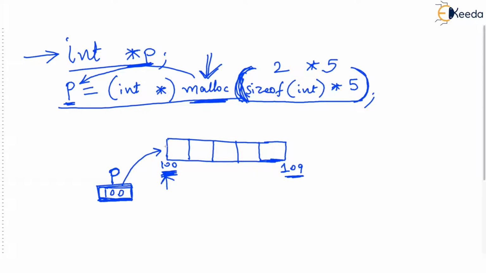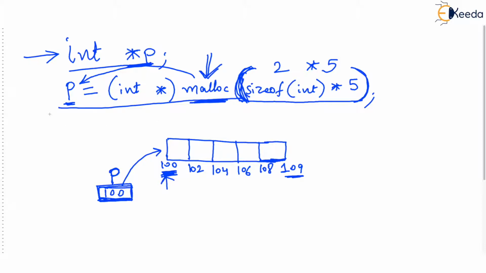But now just imagine this picture where 10 bytes are allocated. Now 100 and 101, the first 2 bytes can store first integer, correct? 102 and 103, the next 2 bytes can store second integer. 104, 105 can store third integer. 106, 107 can store fourth integer, and 108, 109, 2 bytes can store the last integer.